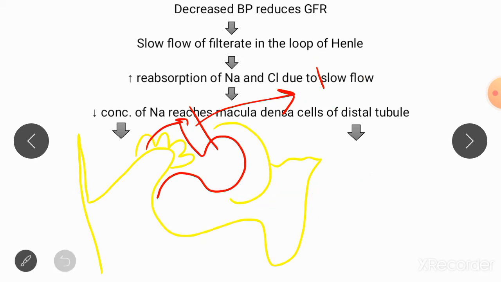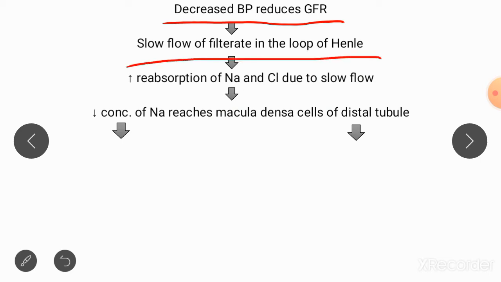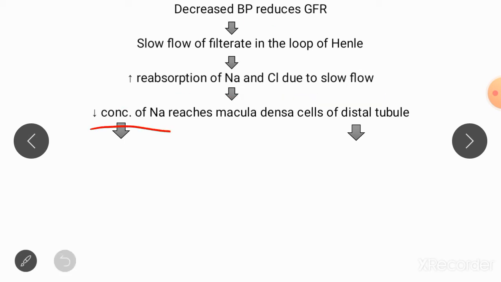Now let's see how this fits into our flow chart. When the blood pressure is decreased, GFR is decreased, the filtrate is very slow as it passes from the nephron. There is increased reabsorption of sodium all the way. By the time this filtrate reaches the distal convoluted tubule, the macula densa cells sense that the concentration of sodium is lower than normal.